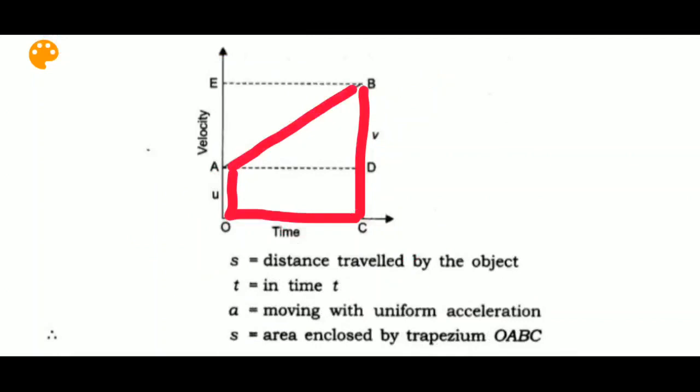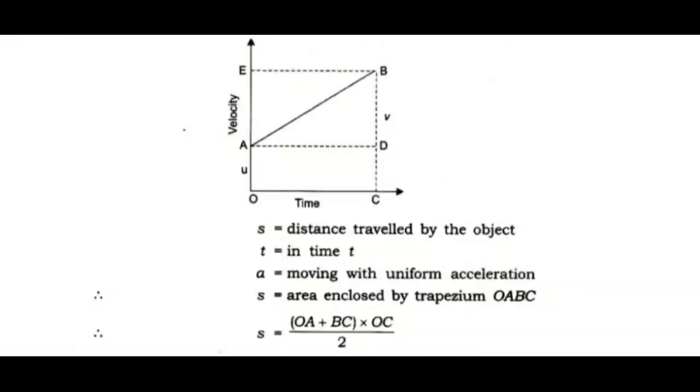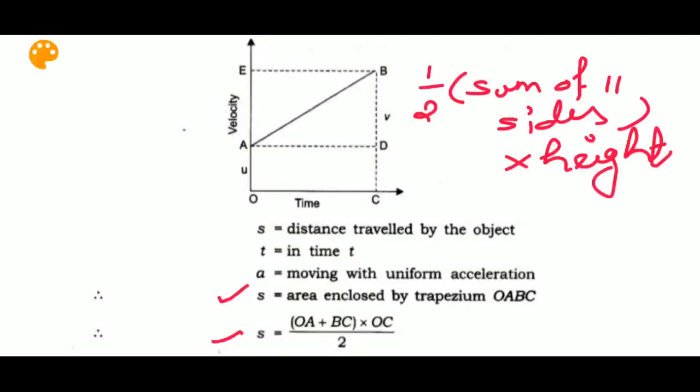Therefore, by finding the area of this trapezium OABC, we can find out the distance travelled by the object. So S, the distance travelled by the object, is equal to the area enclosed by trapezium OABC. Now, we know that the area of a trapezium is 1/2 the sum of parallel sides into height.